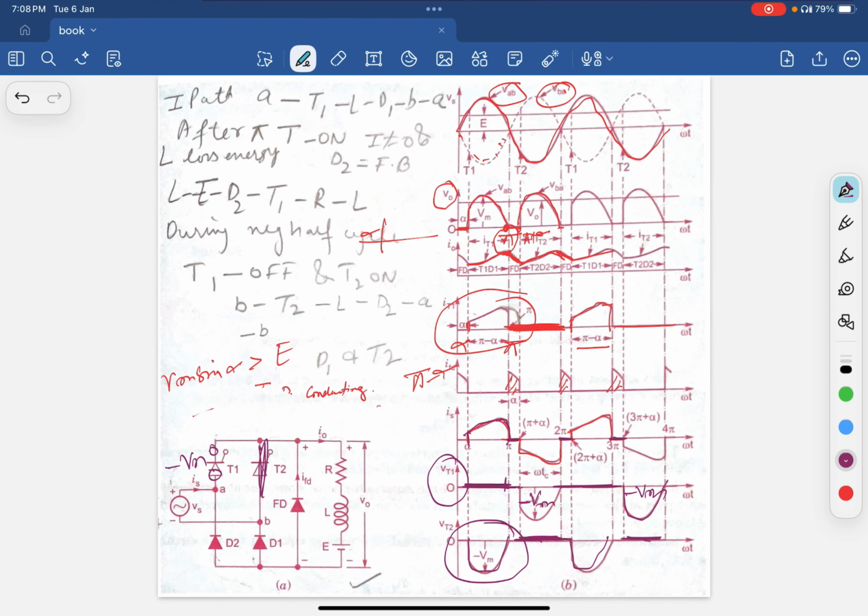So this is the explanation of the graph. Also one thing we have to remember is that the supply current will flow through the load only when Vm sin alpha, that is the source voltage, exceeds the battery EMF E. This is a DC battery. So we should remember this.